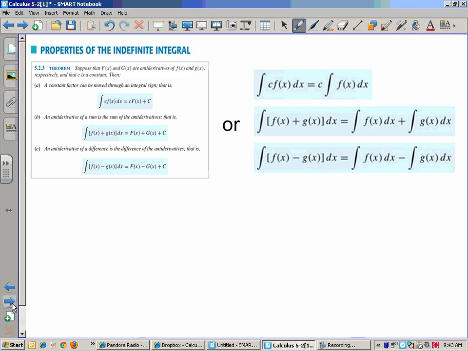Okay, so general properties. Keep this in mind. These are the same things that we talked about in pre-calc when we did summation notation. They're also true here. We use these same rules for when we took the derivatives. So if I have a constant, I can pull it out front. If I'm adding, I can separate them and do them as individual integrals. If I'm subtracting, I can separate them and do them as individual integrals.